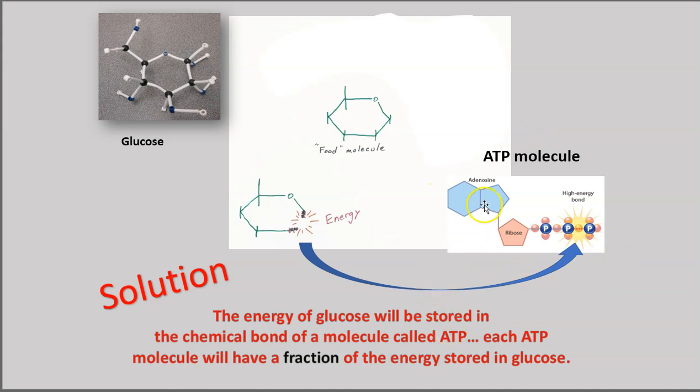Now, ATP has this structure. It's called adenosine triphosphate. So it's got one of the DNA bases here, a ribose sugar, and these 3 phosphate groups. And the bond between the second and third phosphates is this high energy bond that stores $1 worth of energy. So a fraction of the energy of glucose is being stored in that chemical bond right there.